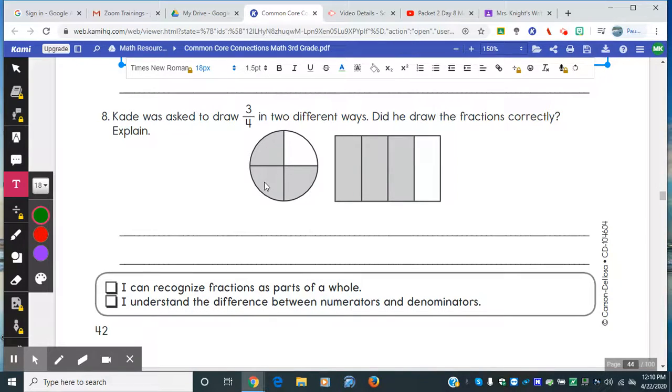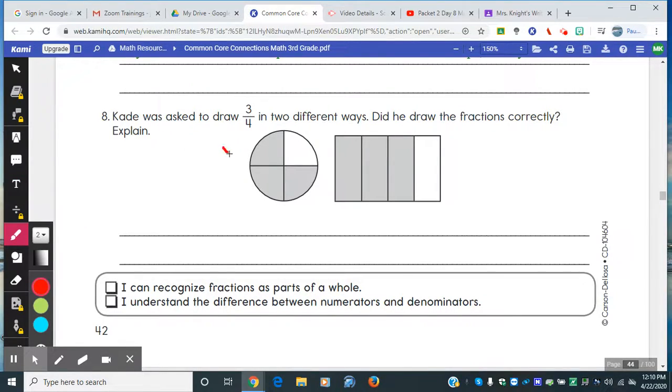Do I have 3 colored pieces and 4 pieces in all? Yes, that is correct. So we're going to put a check. Yep. What about this one? Do I have 3 colored pieces and 4 pieces in all? Yep. Check.